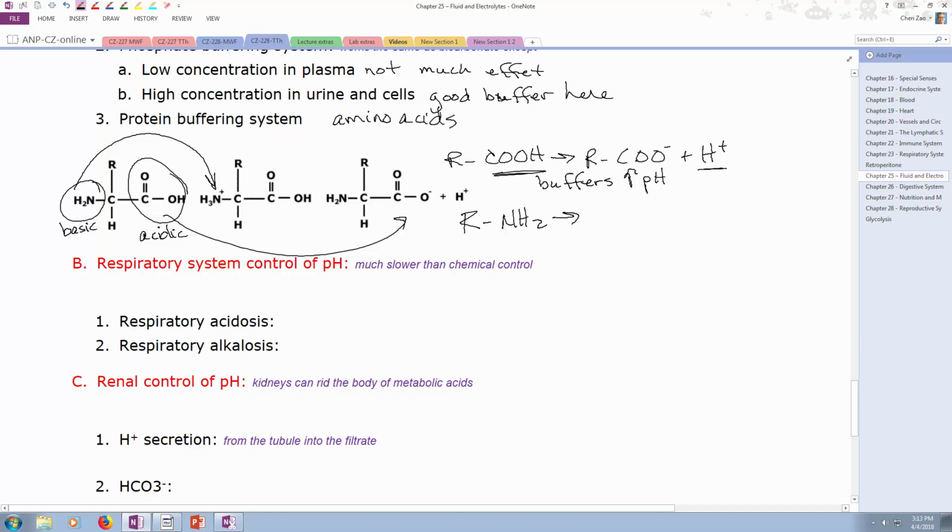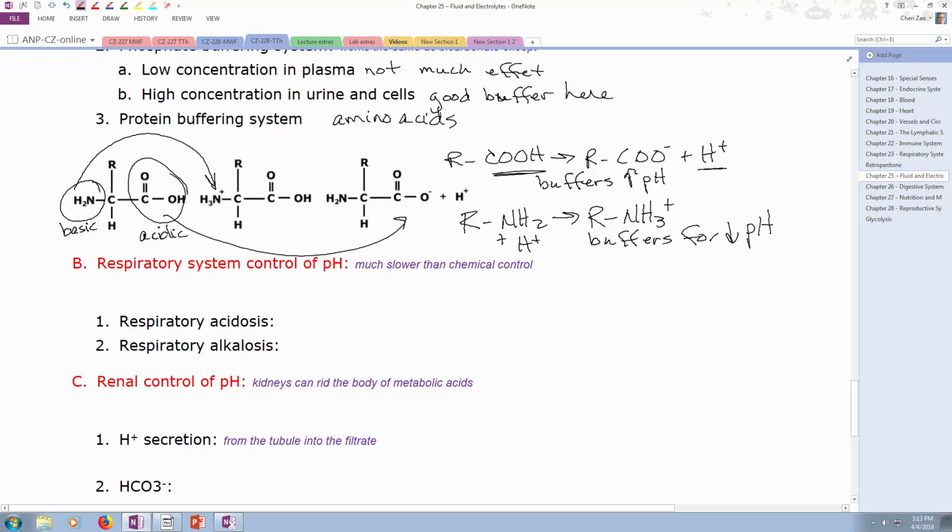NH2, what we can do is, this is the basic thing, so then we can become RNH3 plus, plus H plus, whenever we have a pH that's too low. So buffers for low pH, for an acidotic situation.